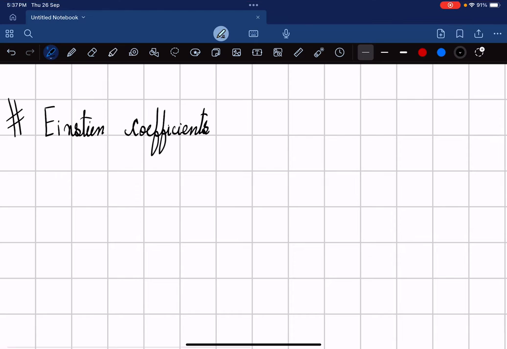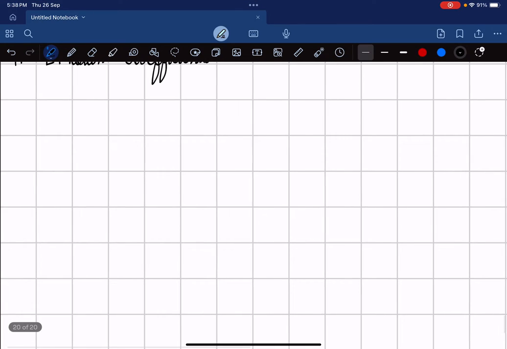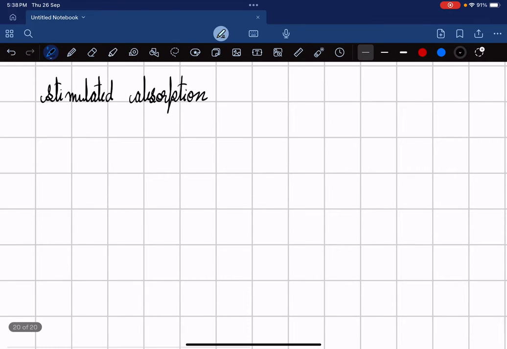Firstly, let us understand the three types of emission and absorption that we will be encountering in this relationship. So, firstly, we have stimulated absorption. Now, this looks like this.